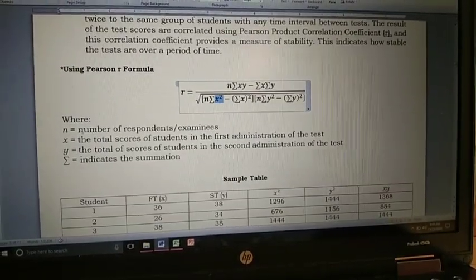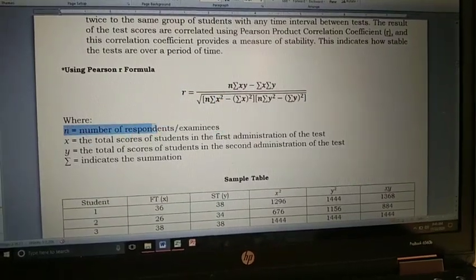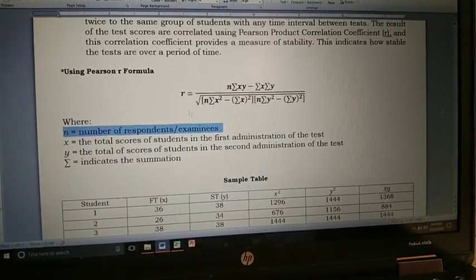Where n is the number of respondents or the examinees.